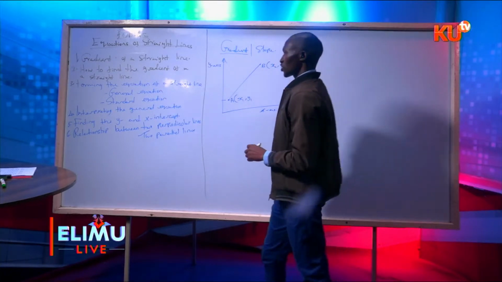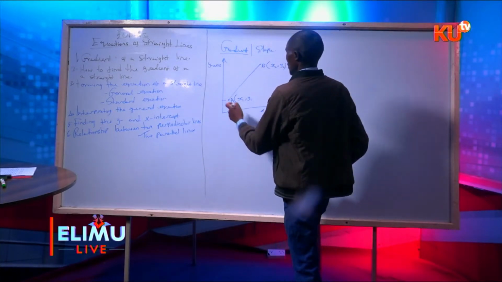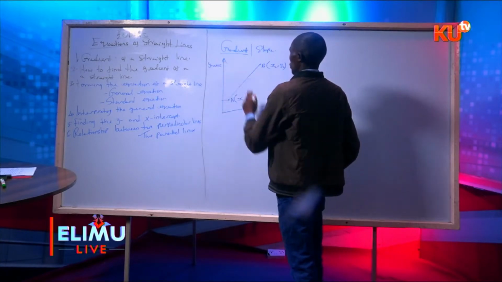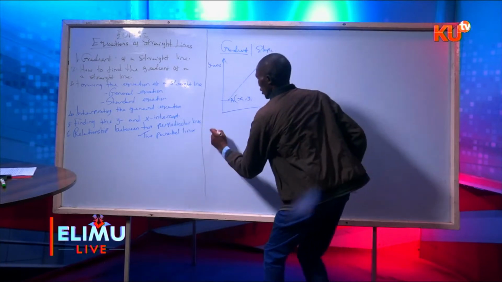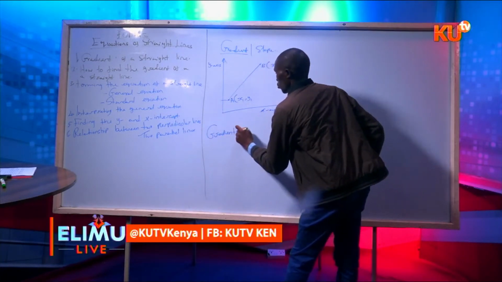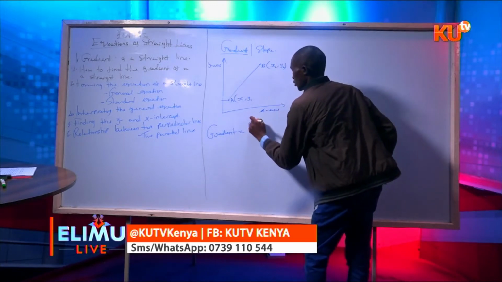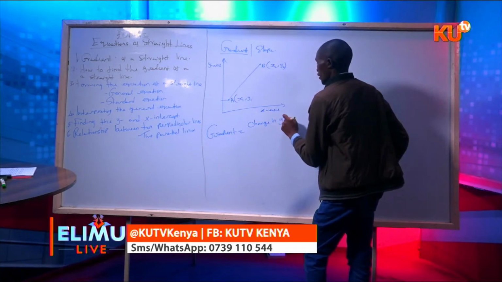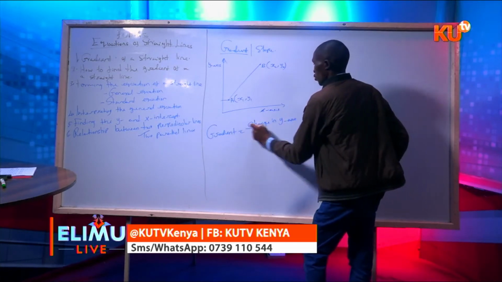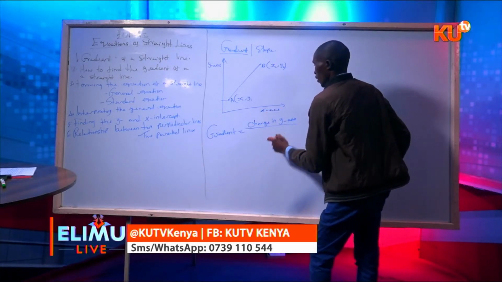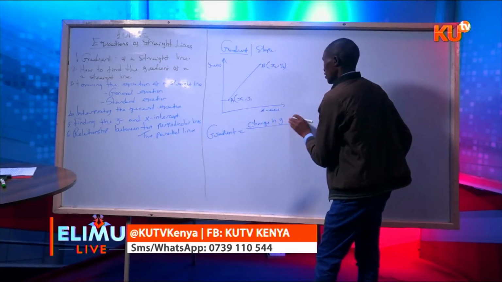So the change in the y-axis, you have y1 and y2. So gradient can be said to be the change in y-axis all over the change in x-axis.